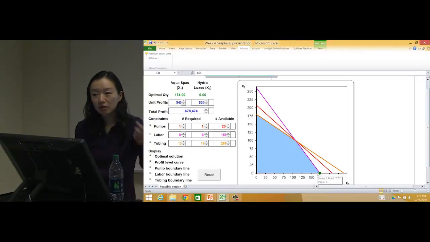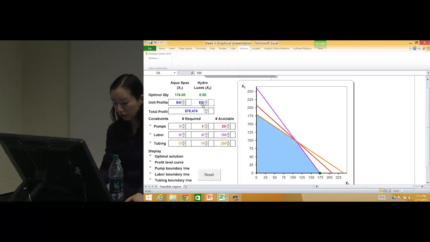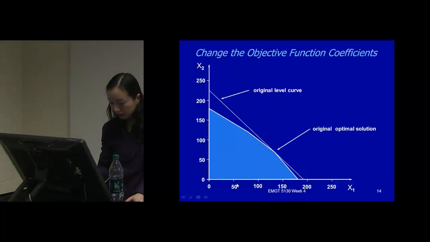That means there is a range, which is how much? 350 to 450, 100. So that's the allowable increase of 100 units that this coefficient can increase without changing our optimal solution. And it's the same for this part, and I want to do it here. So let me use this slide to illustrate that.